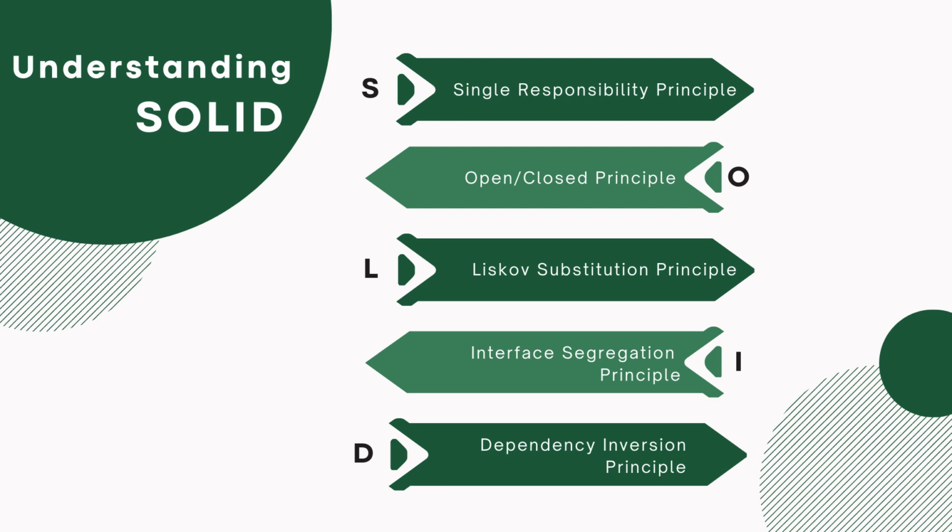I stands for Interface Segregation Principle. D stands for Dependency Inversion Principle. Together, these principles form a foundation for building well-structured and maintainable software. In this tutorial, we will discuss each of these principles in detail using examples from Flutter development to make them practical and relatable. Now let's go through all the terms.